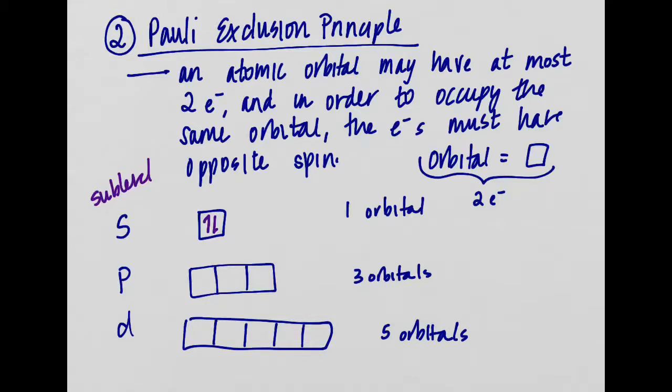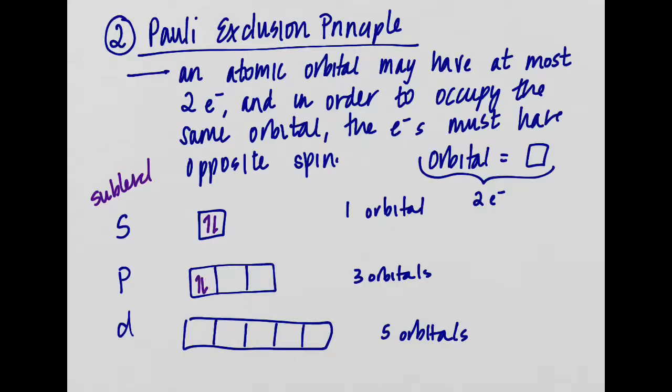Every single orbital can only hold 2 electrons. It could have 1. I could just draw 1. That's fine. But I cannot have 2 in the same direction. And I cannot have 3 electrons, even if they're in opposite directions or whatever.